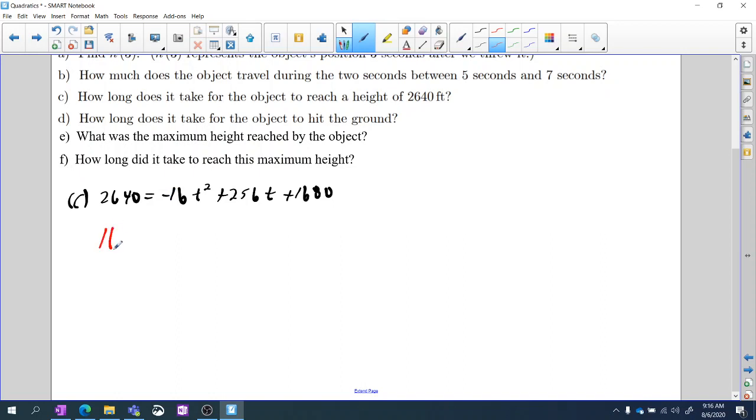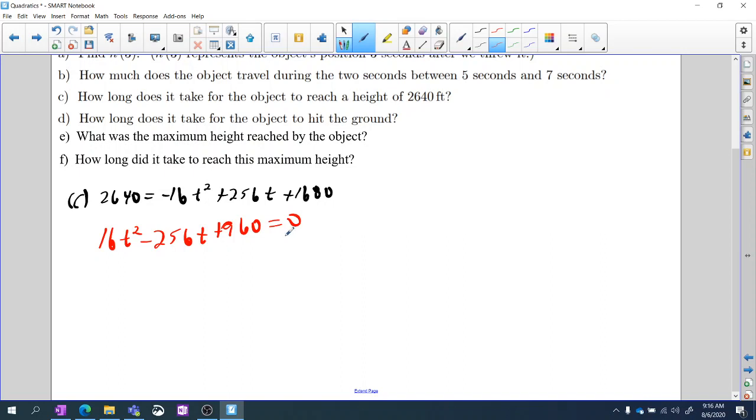That'll give me 16t squared, subtract 256t. Now I need 2640 minus 1680. That'll give me 960. That would equal 0.